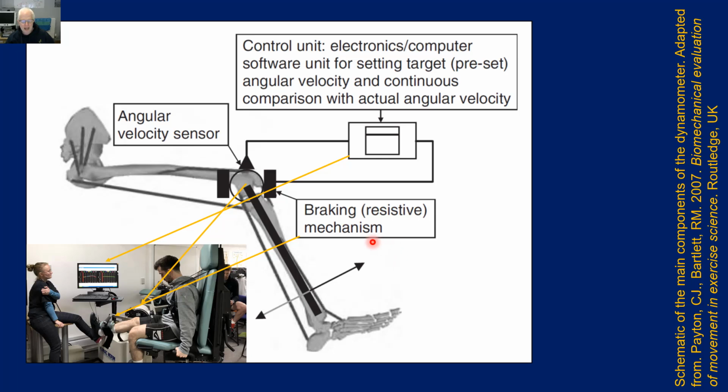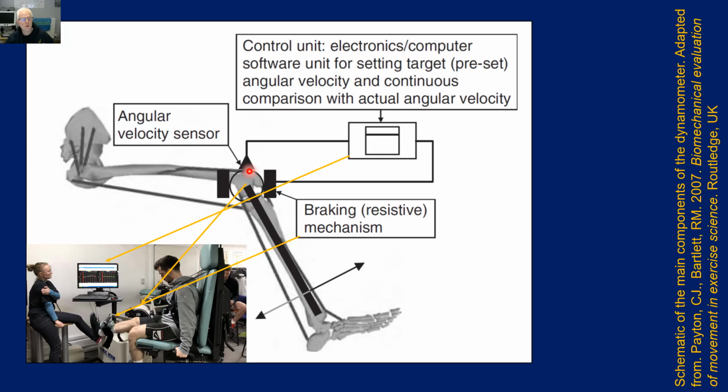So what we then have is the participant pushing against the dynamometer, which is what this arrow here indicates. But as hard as they push against the dynamometer, it will apply a braking mechanism in this example in the opposite direction. So it's trying to slow the angular velocity.